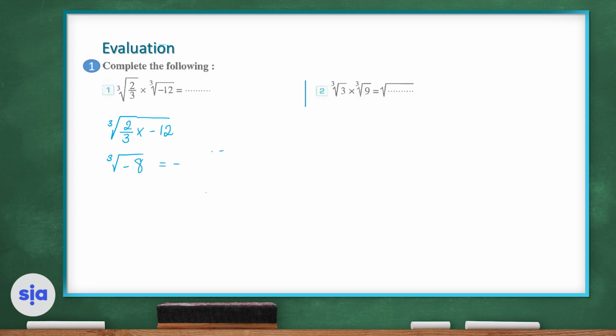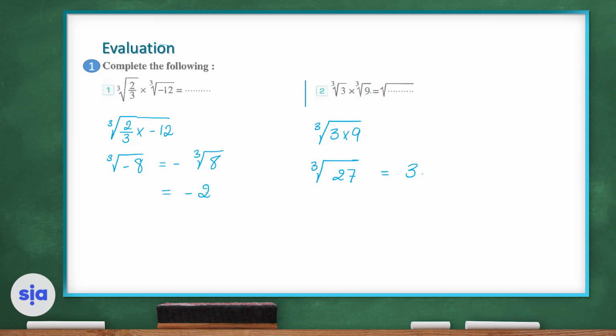Then it's negative cubic root of 8, and we know that the cubic root of 8 is 2, then the answer is negative 2. Question 2, cubic root of 3 times the cubic root of 9, it's equal to the cubic root of 3 times 9, which is the cubic root of 27. Then if you do the prime factorization, it will be equal to 3.